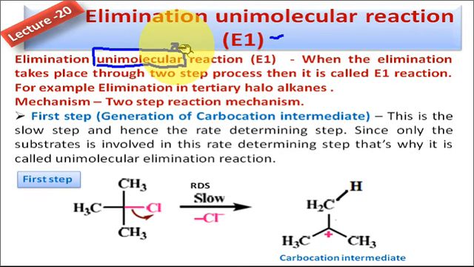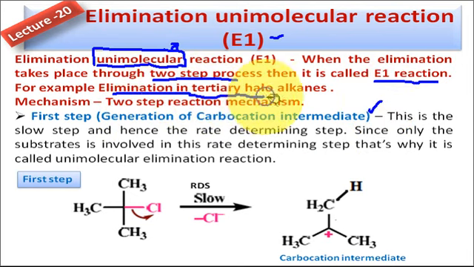That means in the rate determining step only one molecule is taking part. So elimination unimolecular reactions are those which take place through a two-step process, and in the first step, formation of the carbocation takes place. For example, elimination of the tertiary haloalkanes. This is the best example to study the E1 kind of reaction.